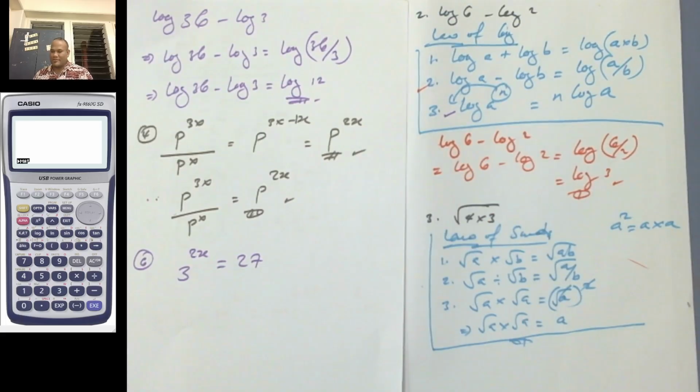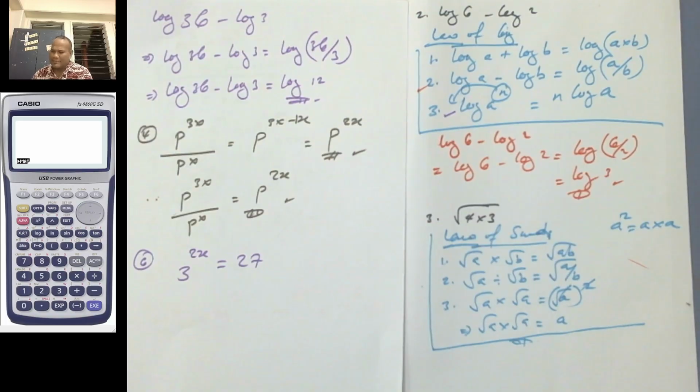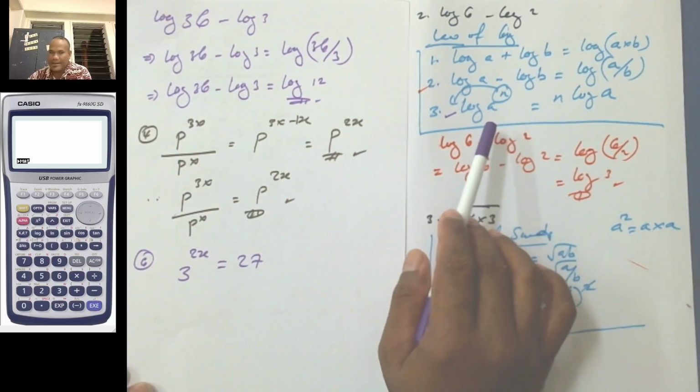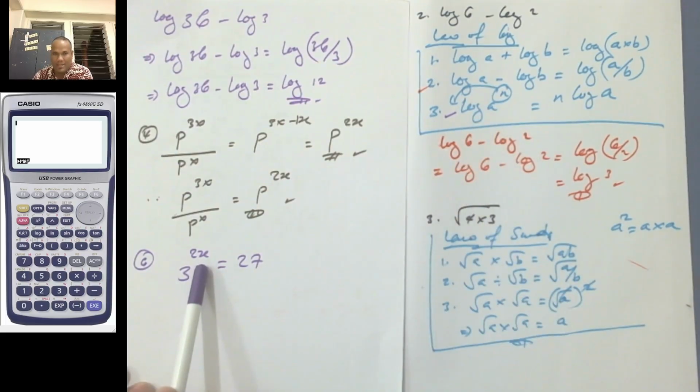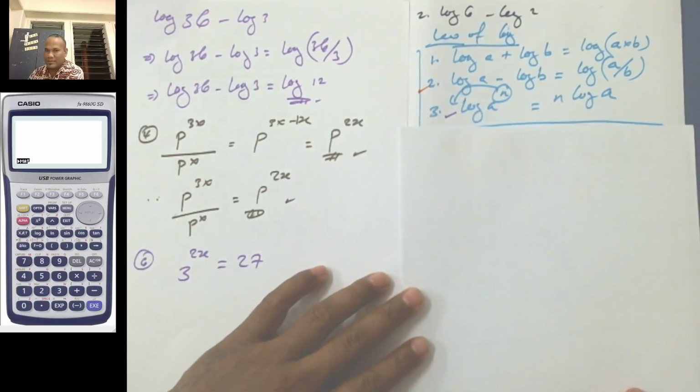Now when we apply this law, we only apply this law when x is in the power. When x is in the power, meaning this. If I say this, we'll apply only this law.